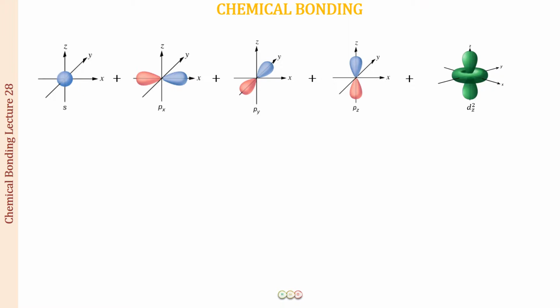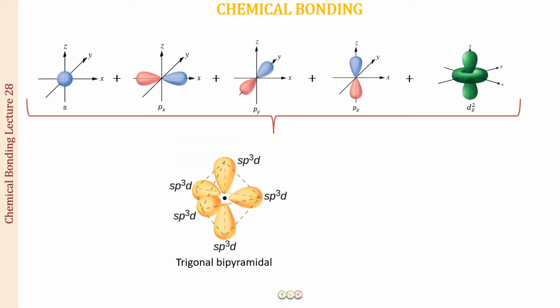Now when these participate in hybridization, we are going to get 5 new orbitals, and these 5 new orbitals are the sp3d hybrid orbitals. Now how are they arranged? Well, the three orbitals are arranged on the equatorial plane on the three corners of a triangle that you can see over here, and this gives us a trigonal planar structure for these three orbitals.